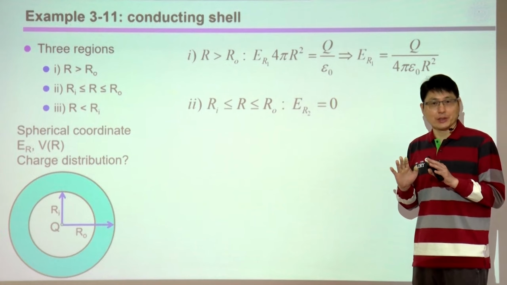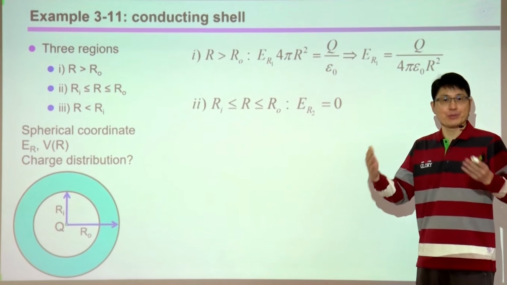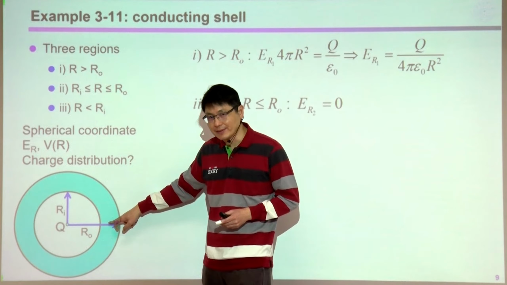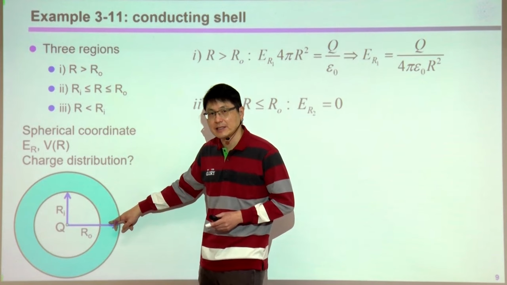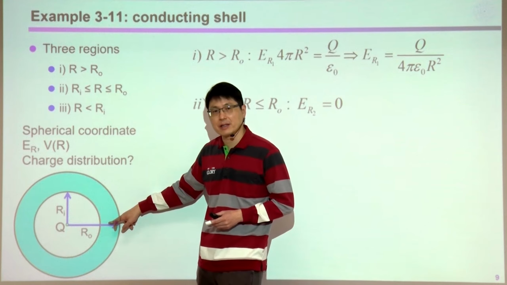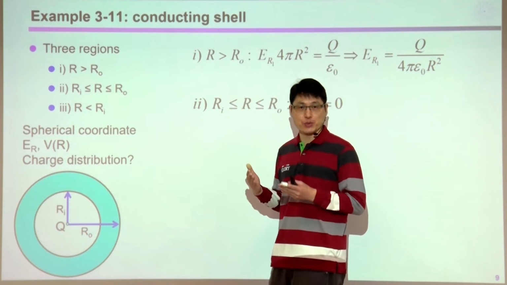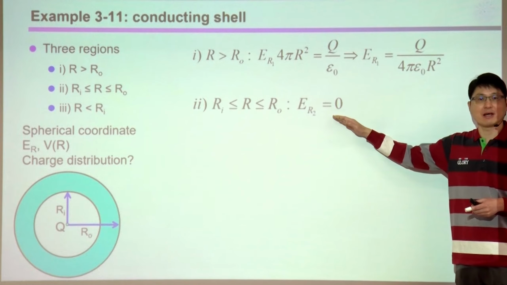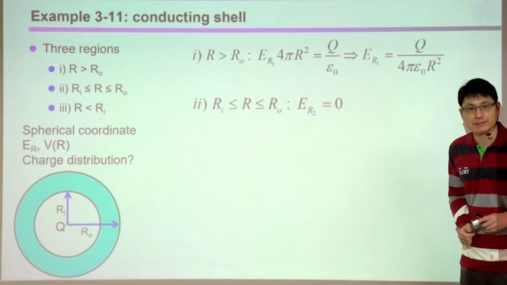This is not very contradictory because, as we mentioned, for ideal metal, inside the metal, you cannot have E field, and inside the metal, you cannot have charge distribution, right? So this is not very surprising. Inside the metallic shell, you have no field.